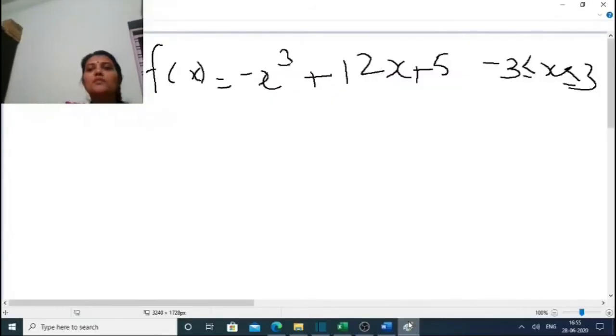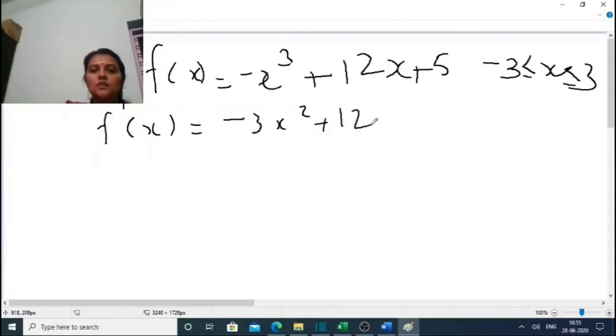So first we have to find the critical points. For that we have to evaluate f dash x and equate to 0. So here f dash x equals minus 3x square plus 12, which equals, taking out minus 3, minus 3 into (x square minus 4).